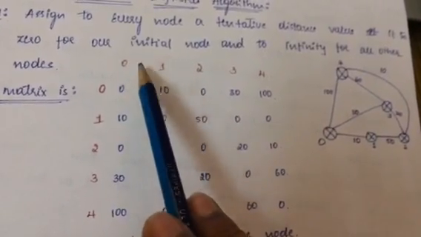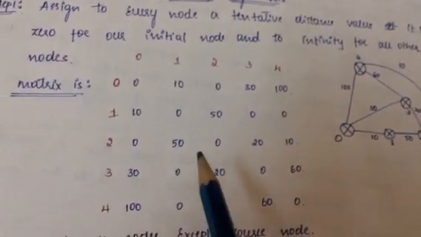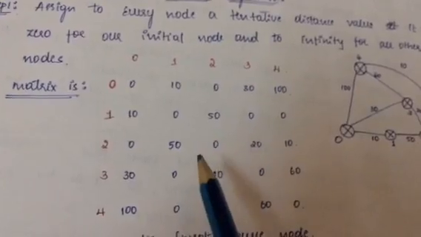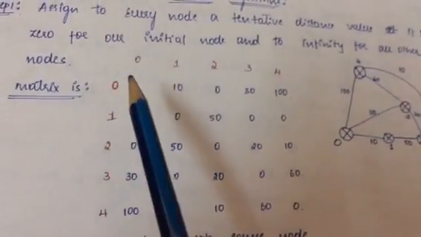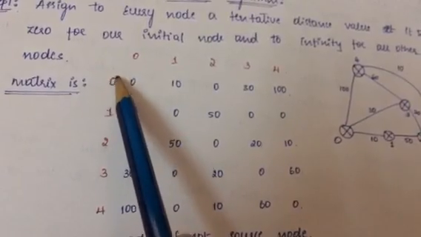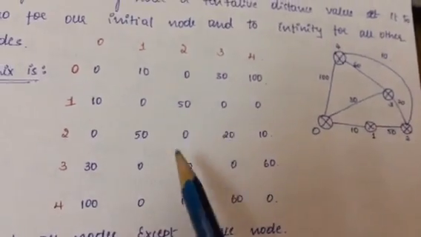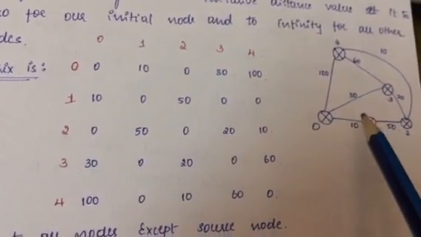Since we are defining an array here, we know that to create a matrix like this we have to use a 2-dimensional array, and an array starts from the 0th memory location. That's why we start from 0 here, and the graph or network diagram of this matrix is correspondingly written here.